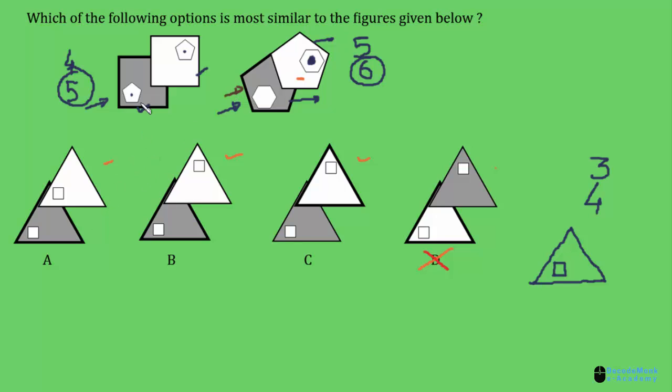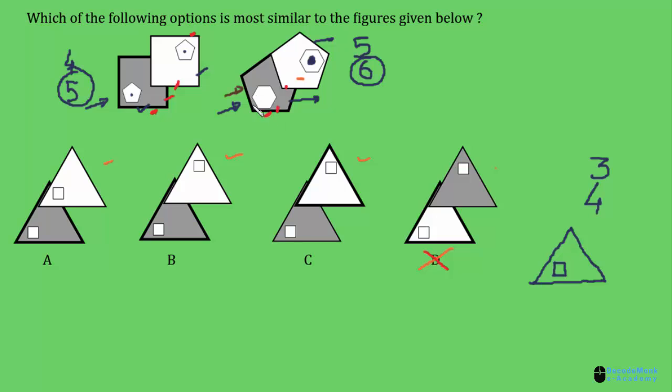Now if you see that the inner shape, here the shaded square and here the shaded pentagon have got deeper borders than the outer or the white colored figure. You see the white colored square, the border is not as deep as that of the shaded portion. You may compare this border and this border.